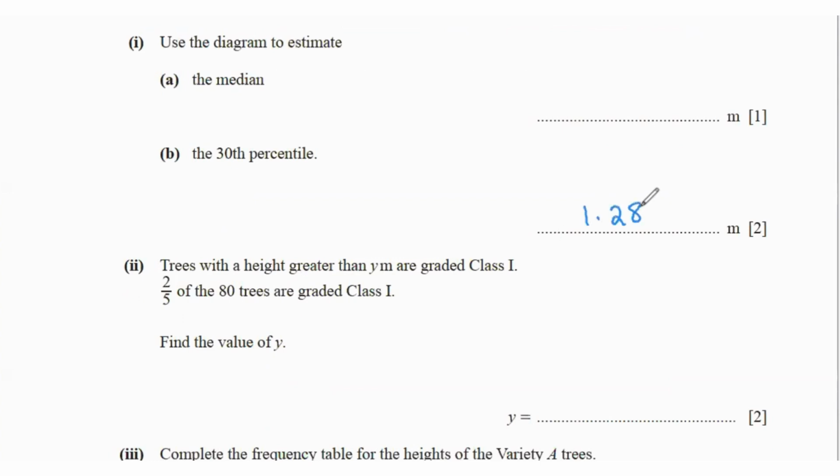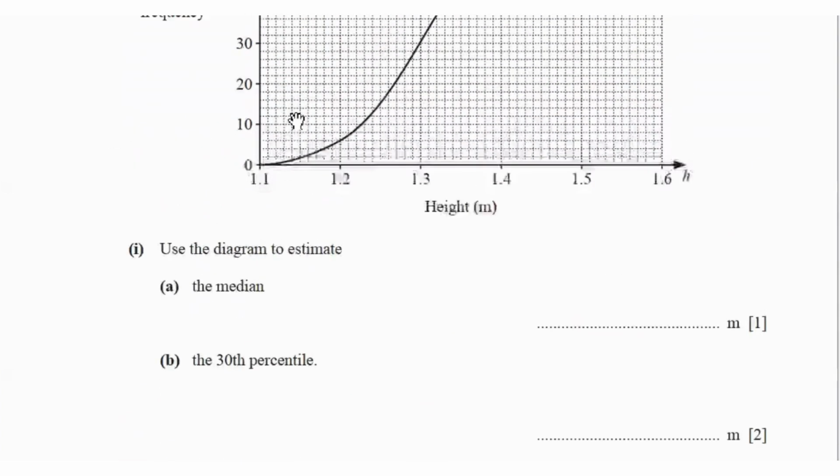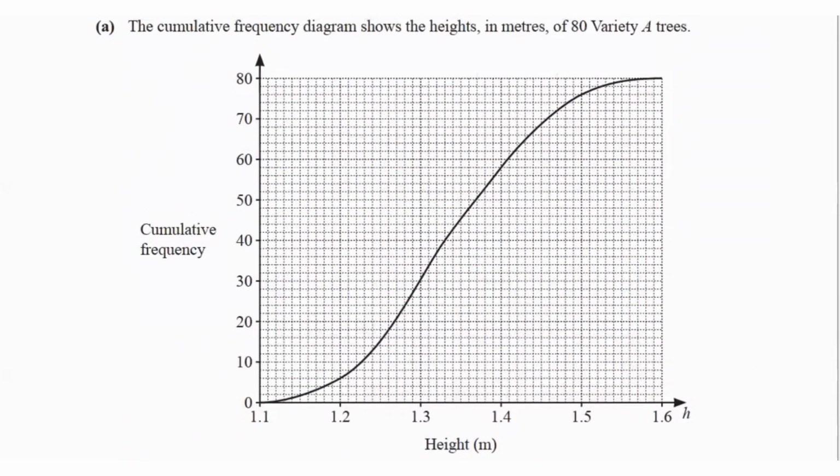1.28. Then trees with a height greater than y meters are graded class 1. 2/5 of the 80 trees are graded class 1. Find the value of y. 2/5 of 80 is going to be 32. So 32 trees are graded class 1. 32 is going to come over there.